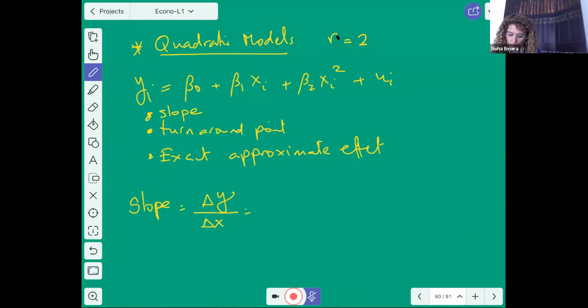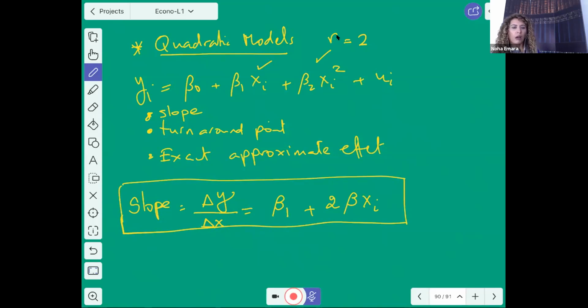If I get the derivative with respect to x, I'm left with beta 1, and the derivative of this part with respect to x is going to be 2 beta 2 xi. And this is going to be the slope of this function.